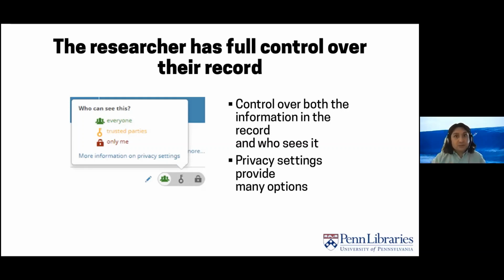For example, some of these databases that can write records on you, you usually allow them to see your record, and you can control that. It's really very granular for each individual object. And then there is the "only me" setting: only you or a delegate that you set in ORCiD can see the particular object in your record, or particular field if you want to see it that way.